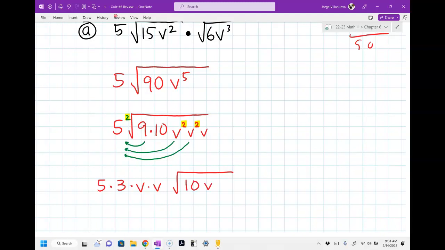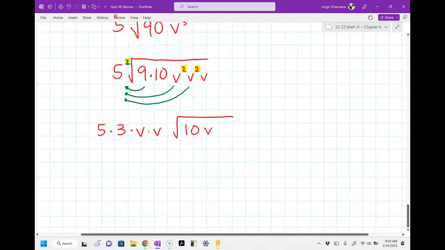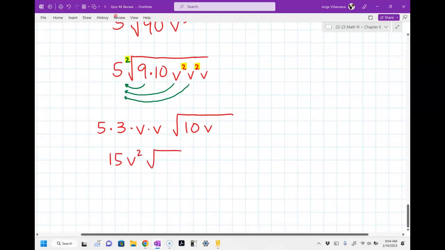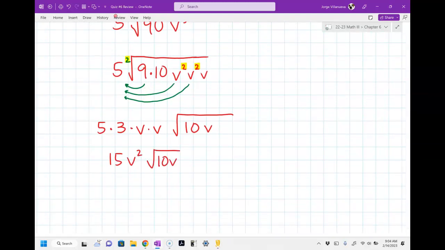So just multiply it out, 15v squared on the outside, square root of 10v. And that's going to be your answer. But thank you for the correction, because that would not have been good.